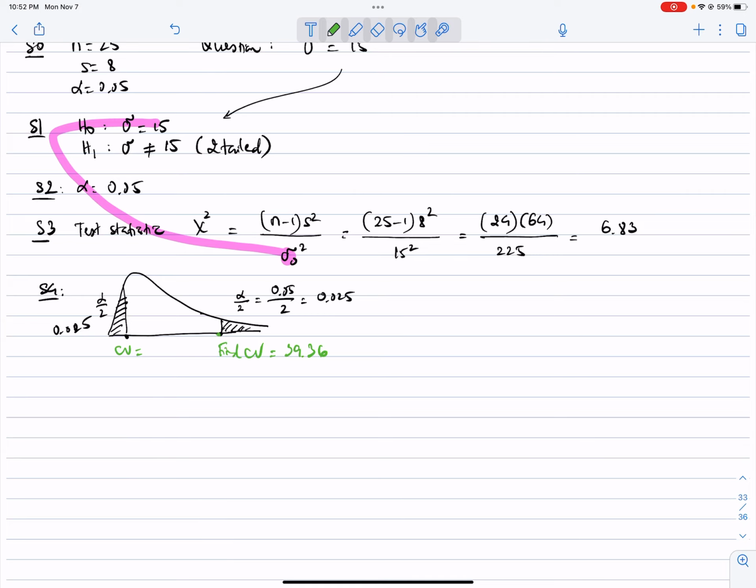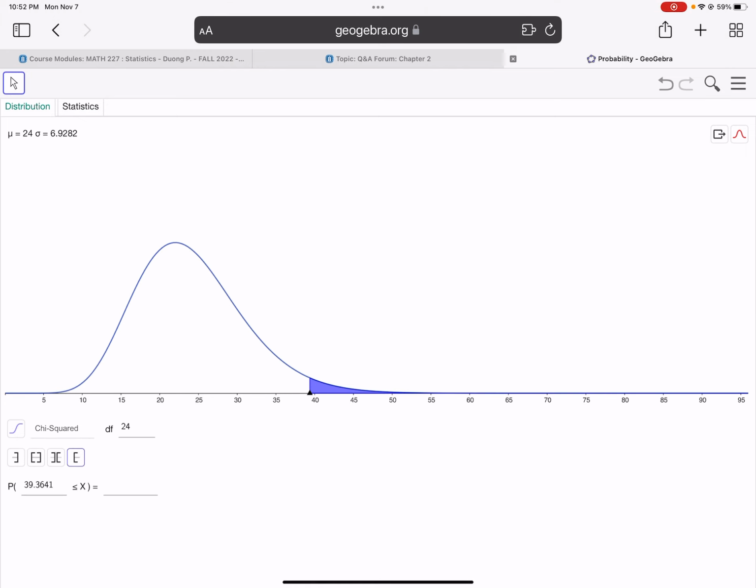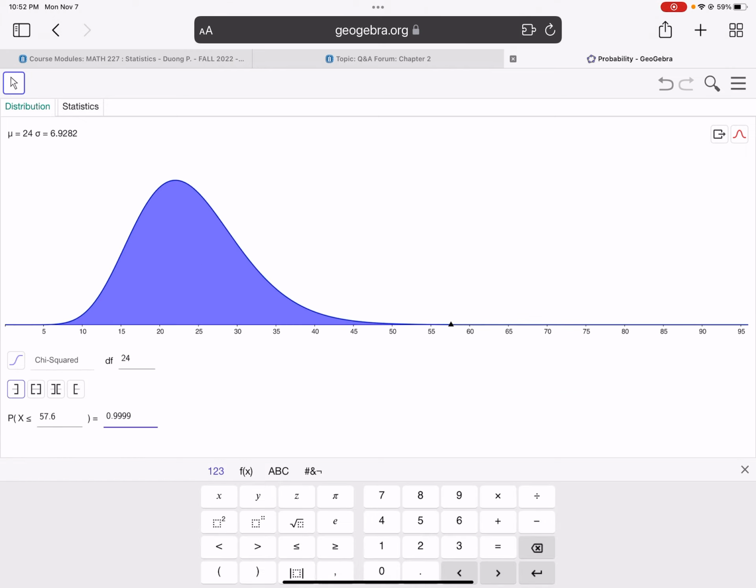And then the other side, the left-hand side, we put 0.025, and then we got 12.40.